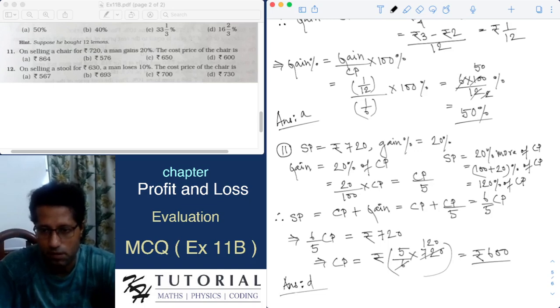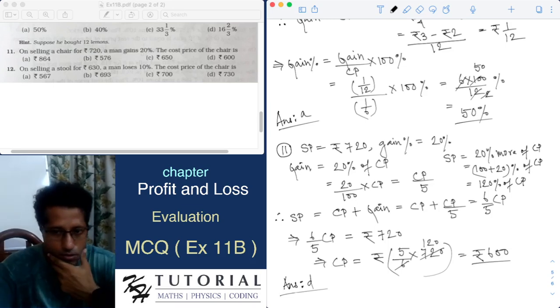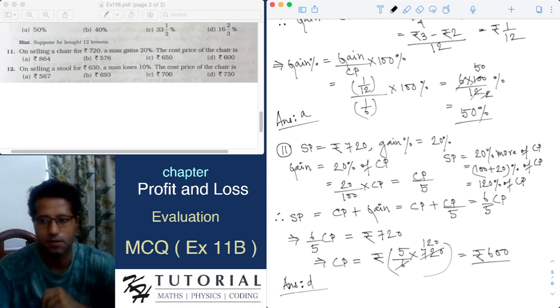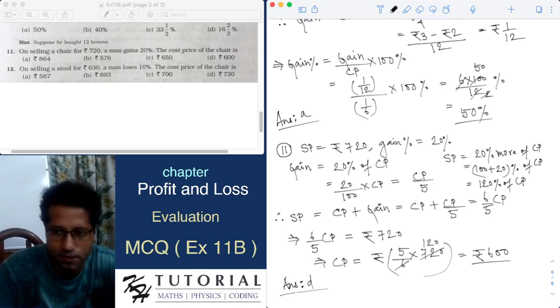So this is not an issue if my approach for different problems is different. Like for this problem, I first found the gain, and then using the gain and CP, I found SP. But I could have also directly found SP from the gain percent.